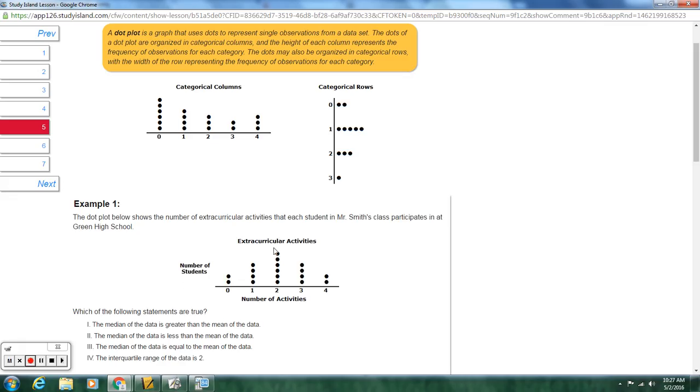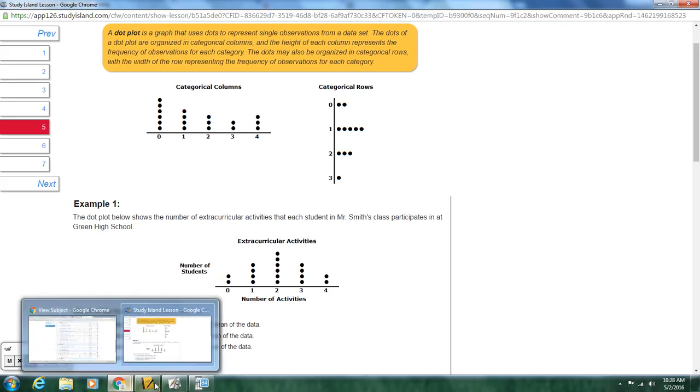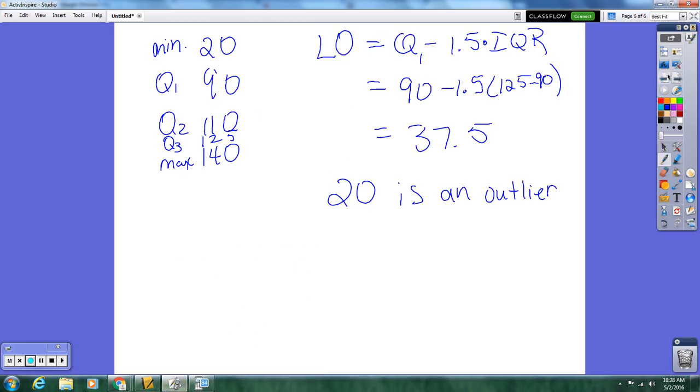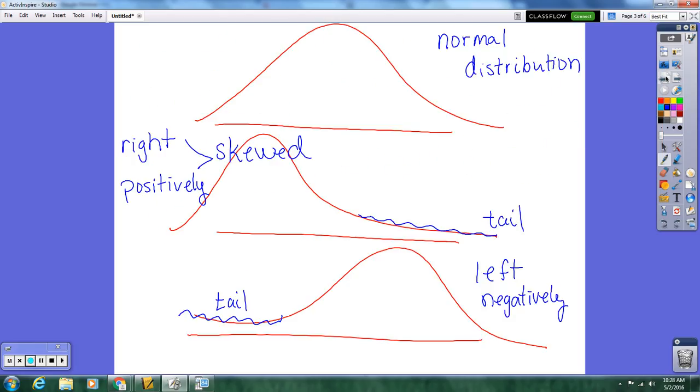Now, what does this shape look like that we talked about? It looks like a bell curve, right? On the bell curve, this middle point, if I draw a straight line from here down, that is the mean and the median.